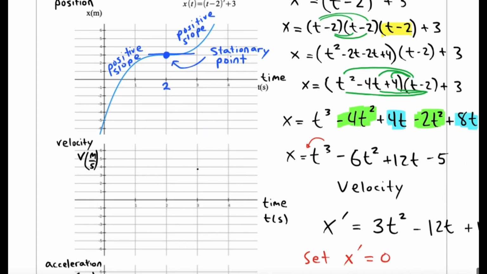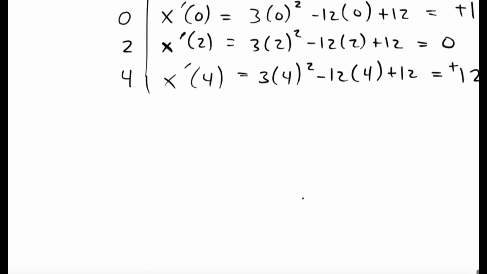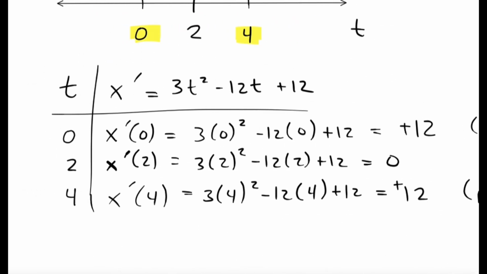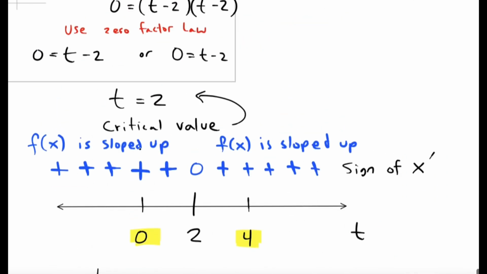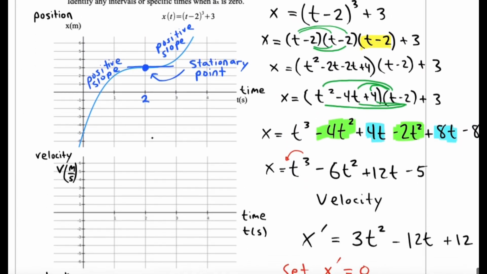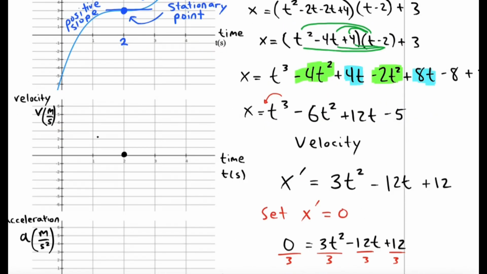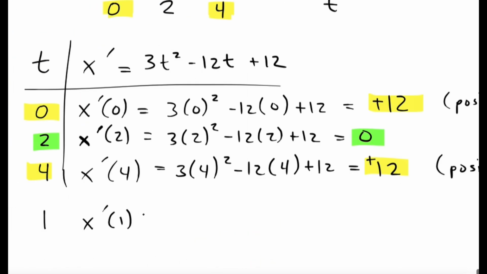Now we can graph the derivative. I already have a bunch of values that I could use to graph it with. We could use this 0, 12. We can use 4, 12. And this 2, 0 as well. And I better plug in like a 1 just so I can graph it a little better.